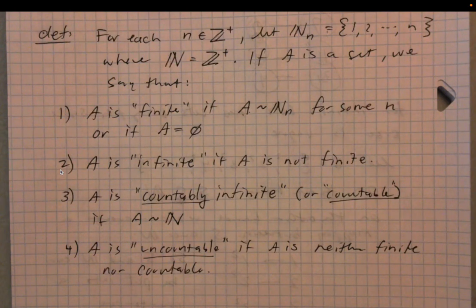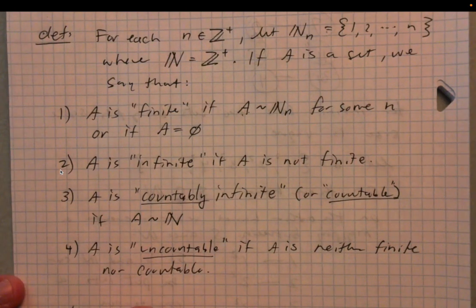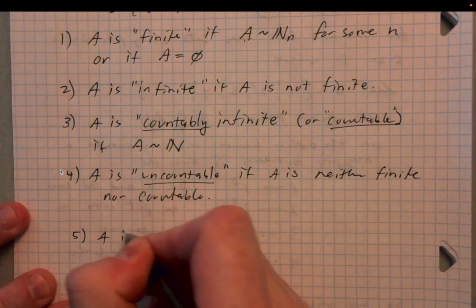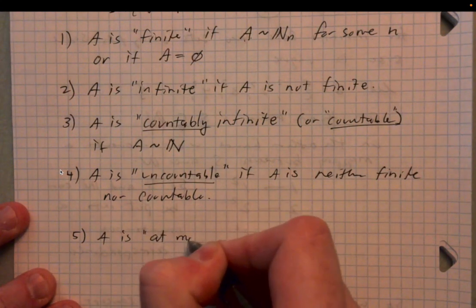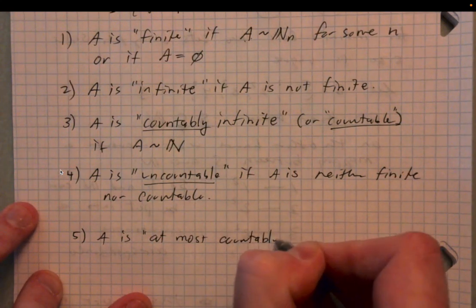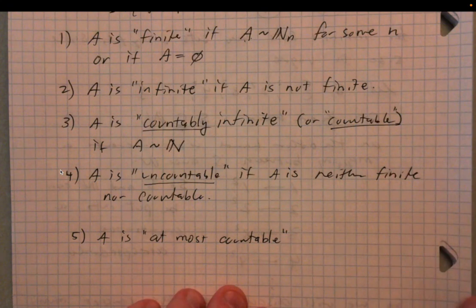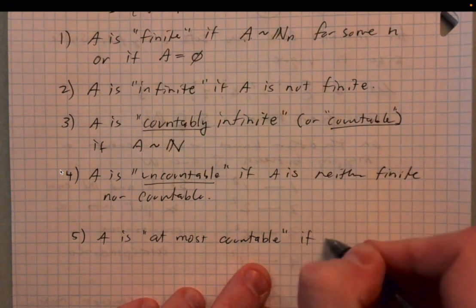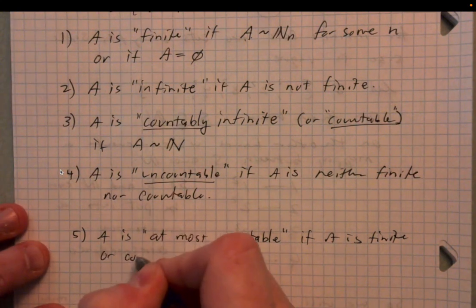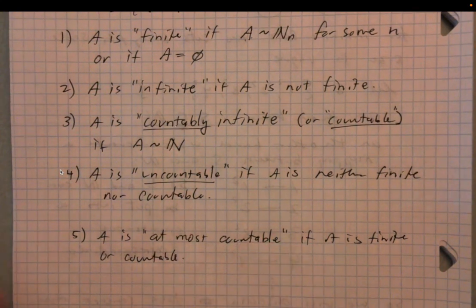And then finally, there is this other distinction. We say that A is at most countable if A is finite or countable. In this case, we know that A is not uncountable, so it's at most countable.